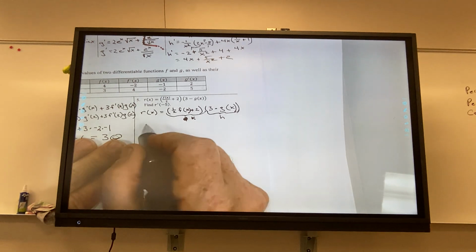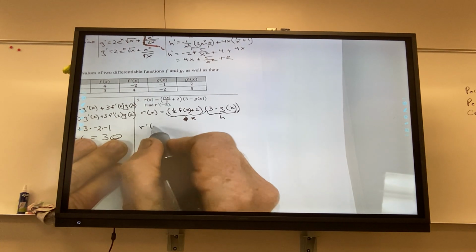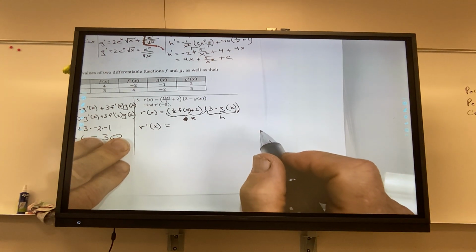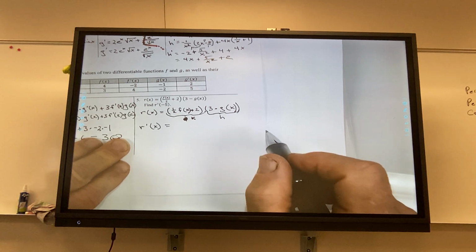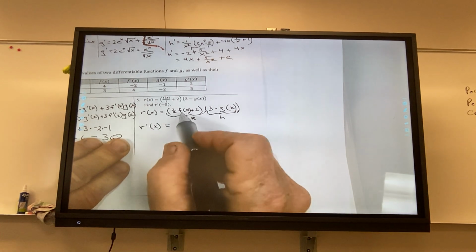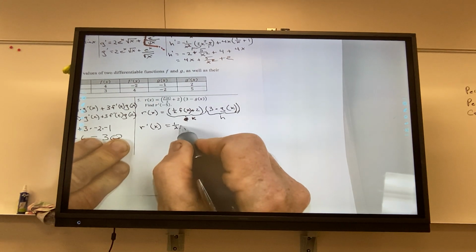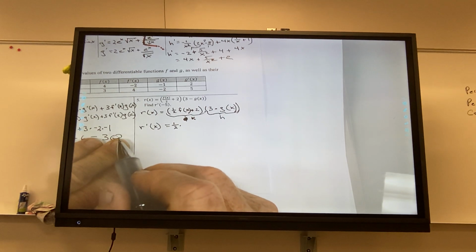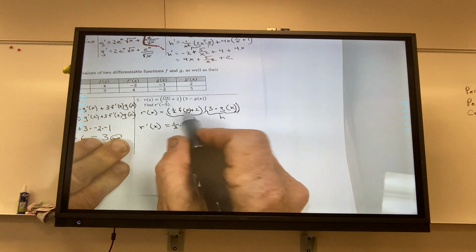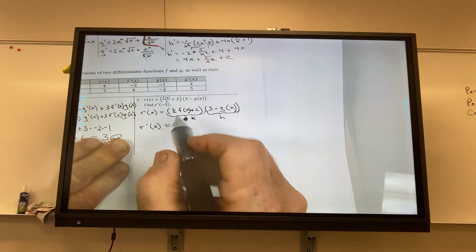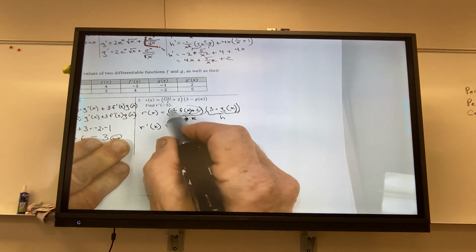Alright, so which of these are you going to take the derivative of first? K or H? K. What's the derivative of K? 1/2 times what? Well, how do I write the derivative of f? I'm taking the derivative of this thing right here, right?